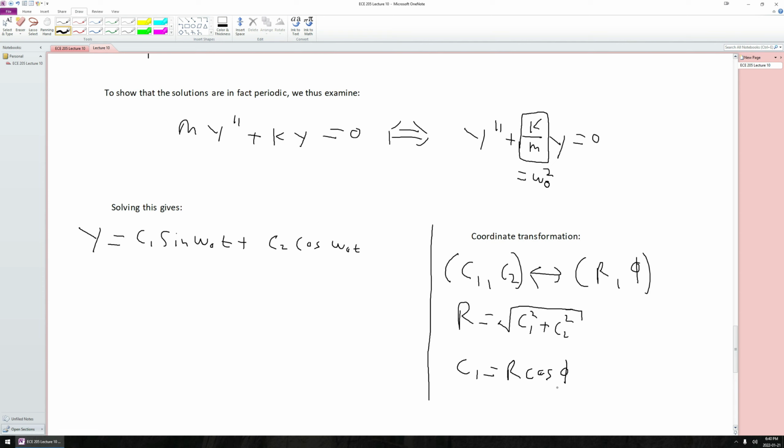So this is really a defining quantity for phi, and it actually turns out that with this definition and this definition of R, you can do a little bit of work and you can explicitly prove that this would imply that C2 has to be equal to R sine of phi. And I actually misspoke here with the way that I put my coefficients. This one, for things to work out the way that we want, needs to be C2, and this one needs to be C1. The other way does give you a well-defined coordinate transform. It just doesn't do what we want this to do here.